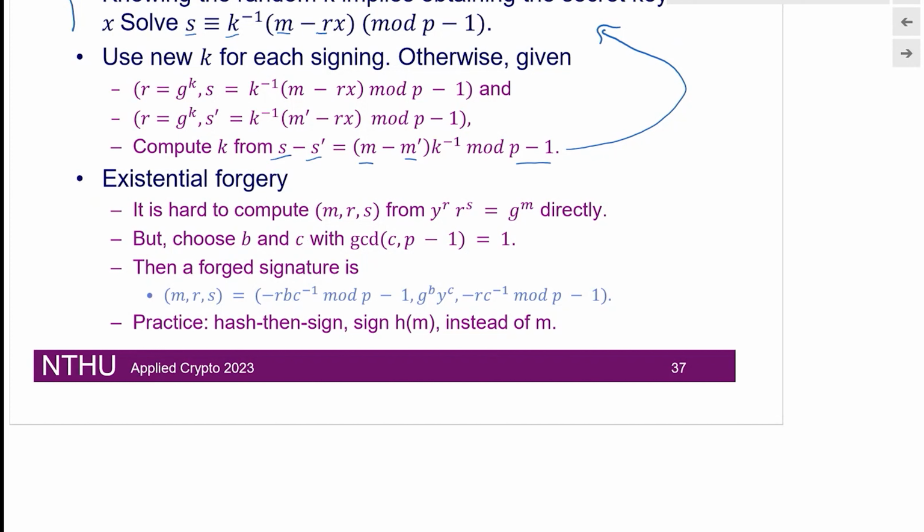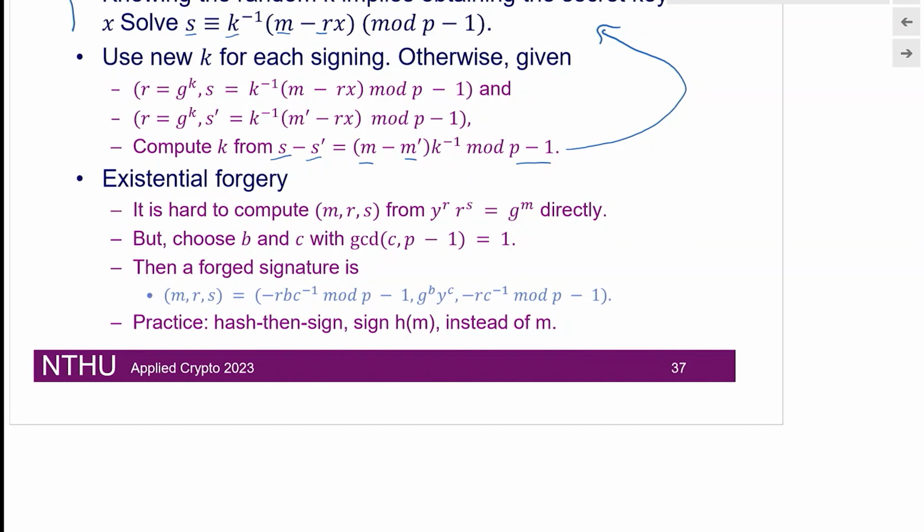So somebody can just utilize the public key and sign some random messages on behalf of the person that owns the private key. And that's what we call existential forgery. And this is not a good thing to have at all.